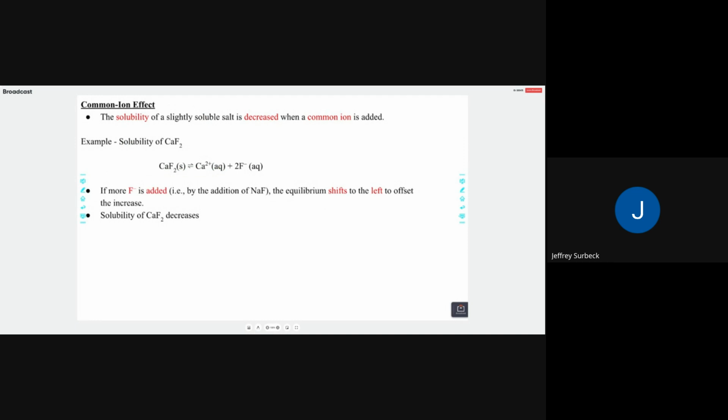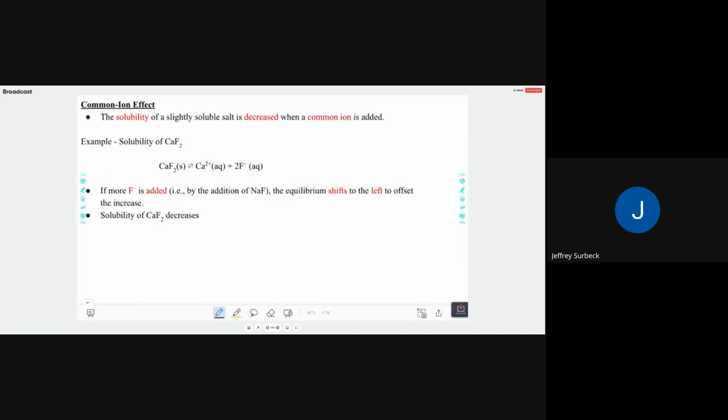Remember, with Ksp or solubility, we would have an equilibrium that is set up in this particular nature. Now the bottom bullet there says if F minus, fluoride ions, are added by the addition of some fluoride ion compound, for example sodium fluoride, the equilibrium is going to shift.